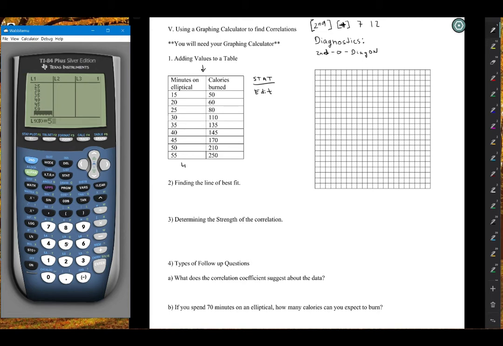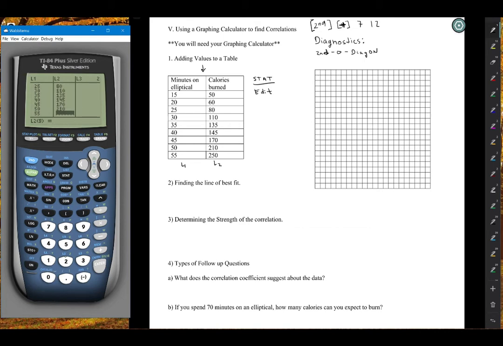And in the second column, we're going to type in these values for L2, calories burned: 50, 60, 80, 110, 135, 145, 170, 210, and 250.